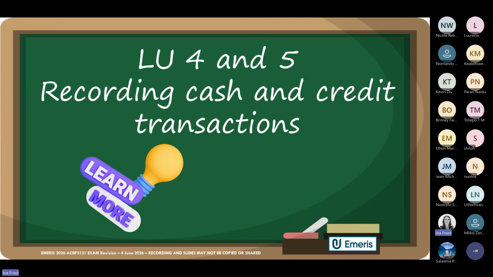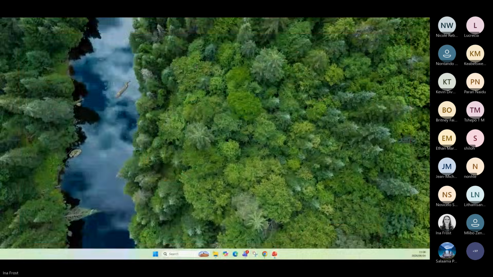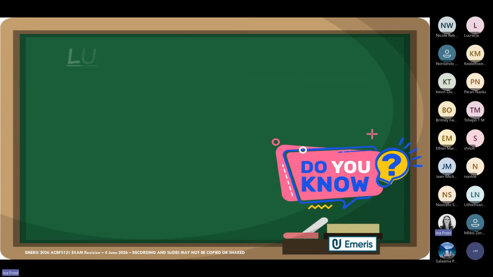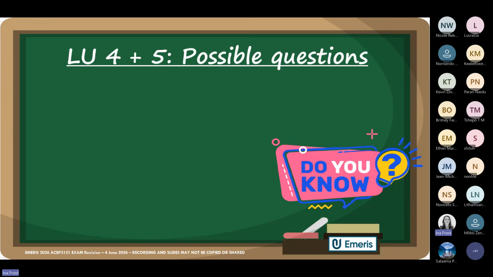Okay, so I'm going to touch a little bit again on Learning Unit 4, even though we have previously revised Learning Unit 4. And the real reason for this is that Learning Units 4 and 5 are actually a unit. And both of these learning units deal with the recording of transactions in the journals as well as the general ledger. So learning units 4 and 5 deal with the recording of cash and credit transactions.